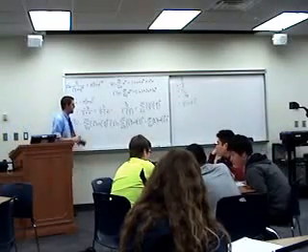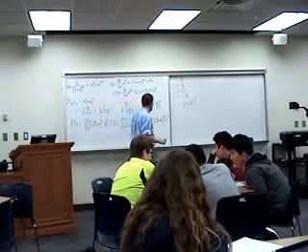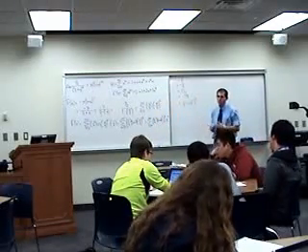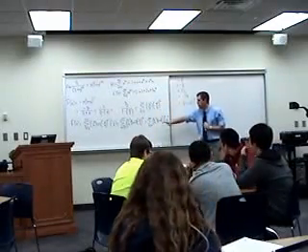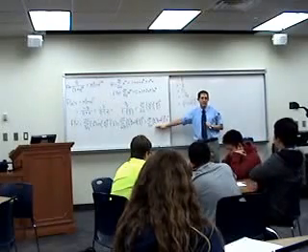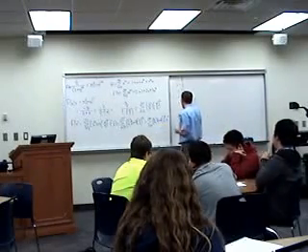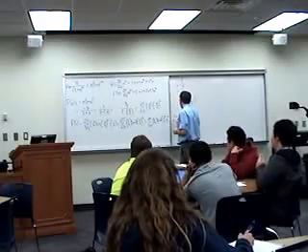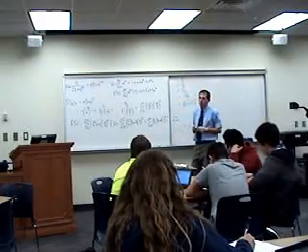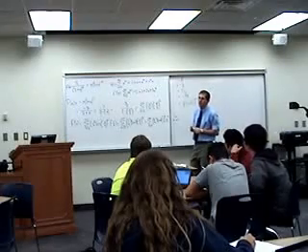So, radius of convergence of this one. What are you going to use to find the radius of convergence? You want to do ratio test? That's what I like. There are times when you might want to use the root test. It's not as often.